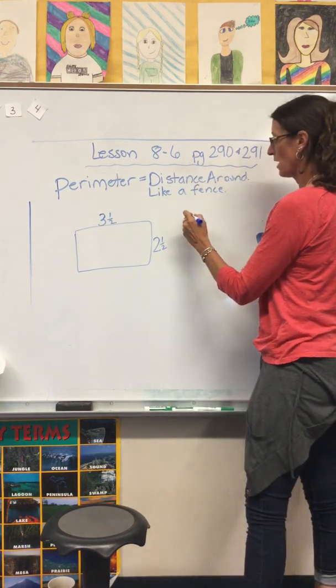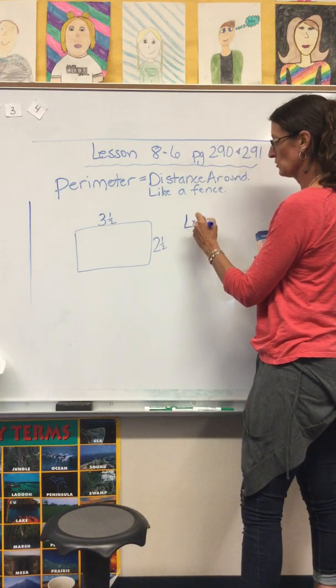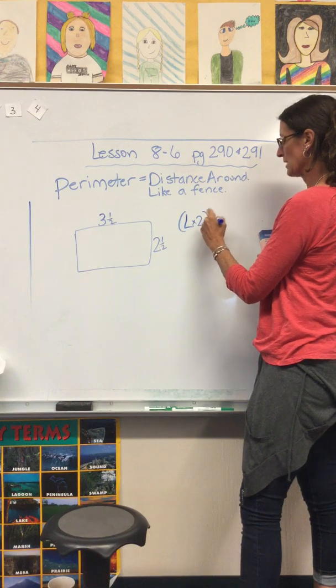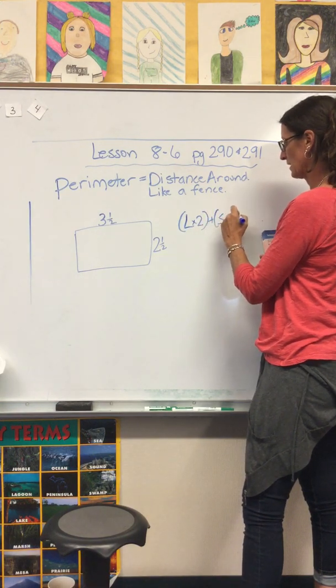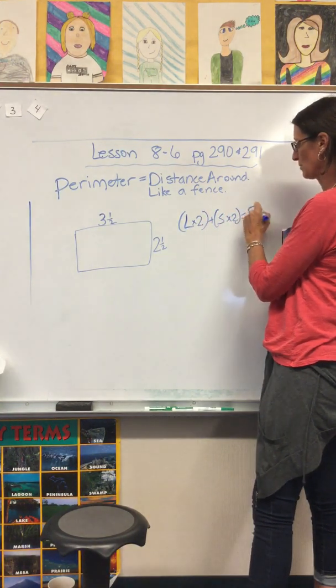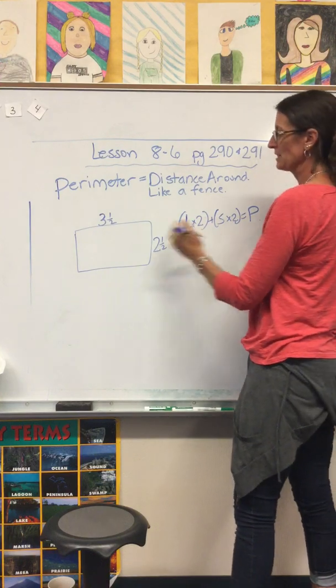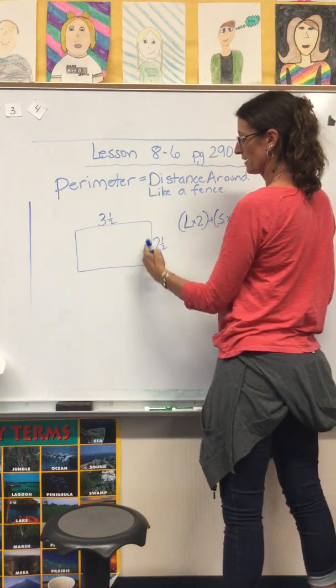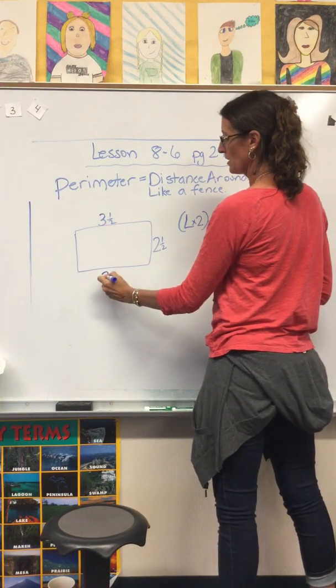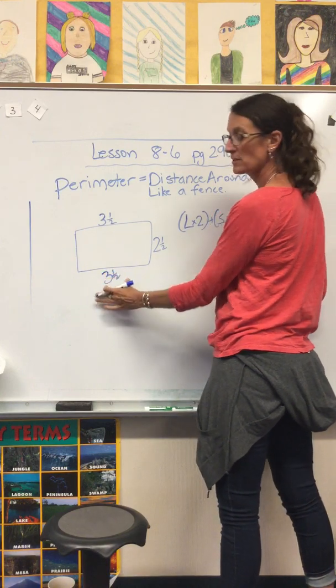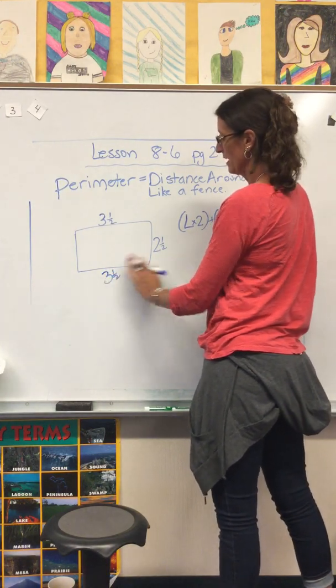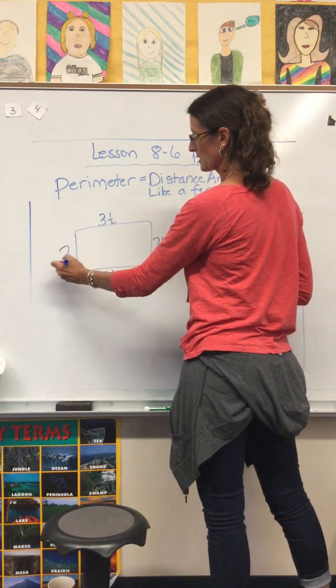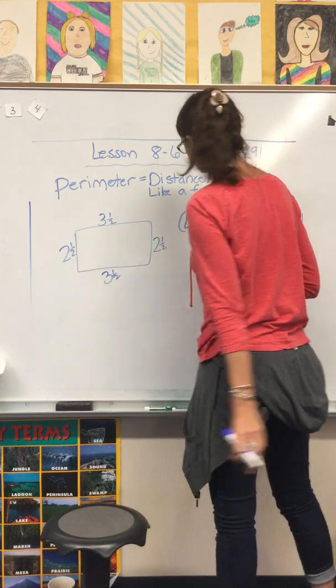We can do length times 2 plus side times 2, and that equals that perimeter. And that means our length and our side. So I know if the top is 3.5, then this bottom is 3.5. And if this side's 2.5, then this side is 2.5, right?